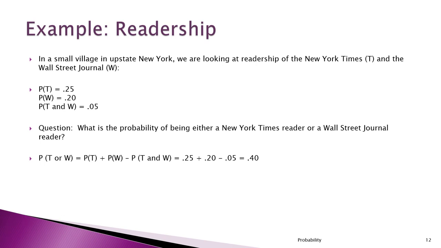So the question is, what's the probability of an individual being either a New York Times reader or a Wall Street Journal reader. So that's the rule of addition that we're going to be using.